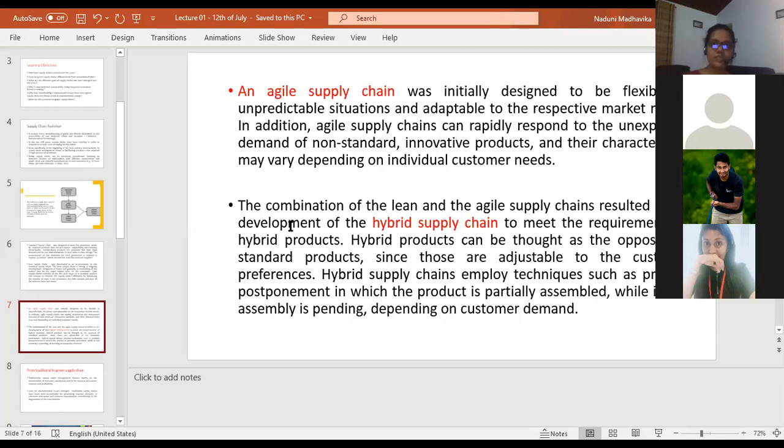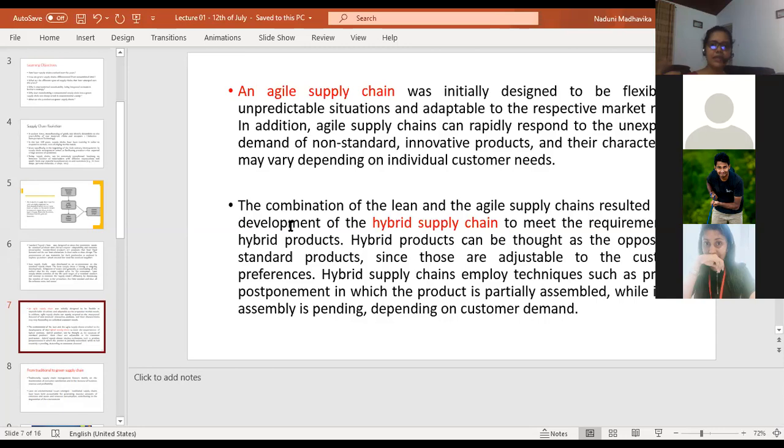And what is meant by hybrid is that it is customized and also based on the lean concept, based on the minimum wastage, the minimum timing, and the minimum number of steps that have to be there in the supply chain. Without the steps that don't add value from the consumer's point of view, this product is being made.